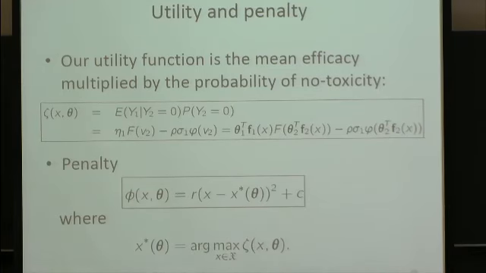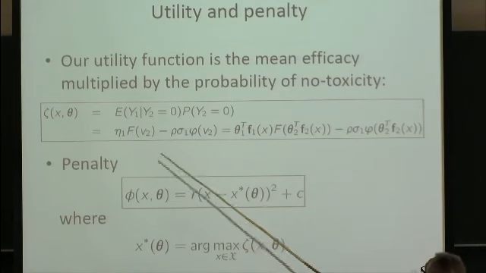It's continuous, so we introduce the mean value of efficacy, given that there is no toxicity, and multiply it by the probability of no toxicity. This formula can be rewritten; those who know the Bayesian formula or the formula of multiplication of probability can do some extra exercises. So this is utility.